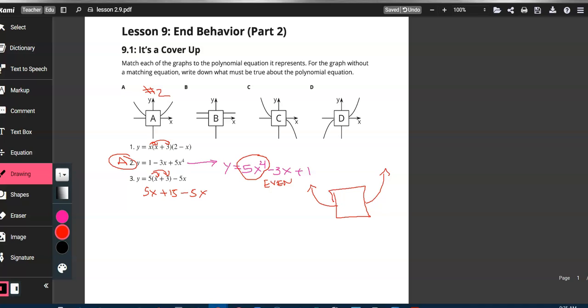I'm distributing the 5 inside, and here I'm seeing that 5x and negative 5x cancel out. So it's looking at y equals 15. Y equals 15 is a constant, so it's going to be just a constant line like this. So this one's going to be B.